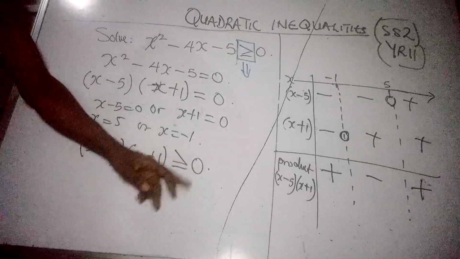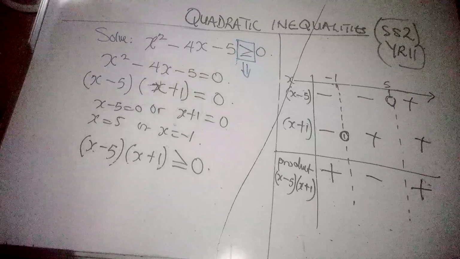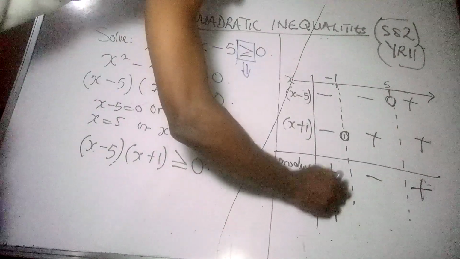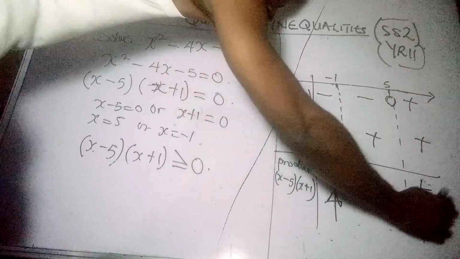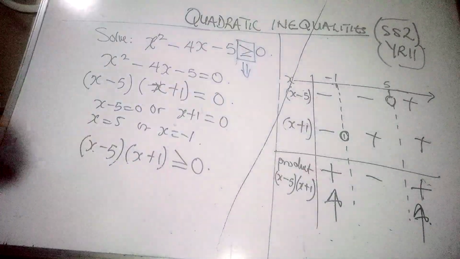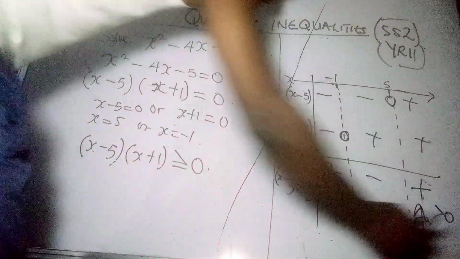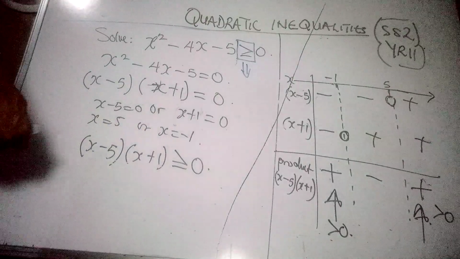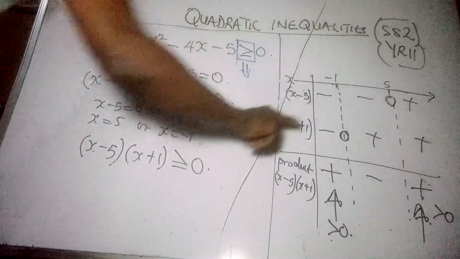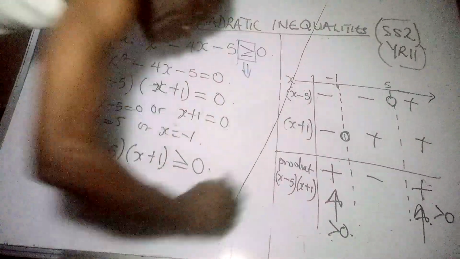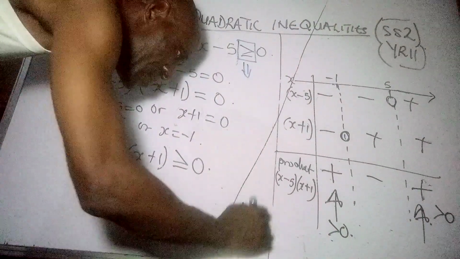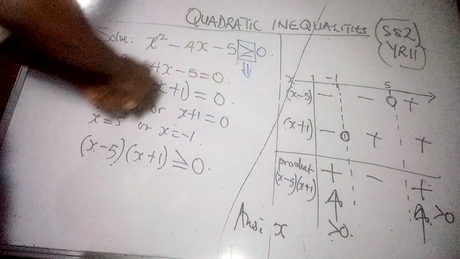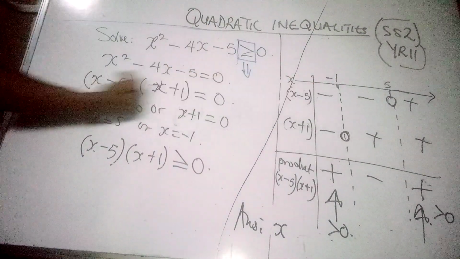And anything greater than 0 must be what? Positive. That means we'll go to wherever we see positive in the result. And these are the places where we see positive, which is greater than 0. So definitely that is telling us our answer: x, anything less than minus 1, because from minus 1 down here is negative.